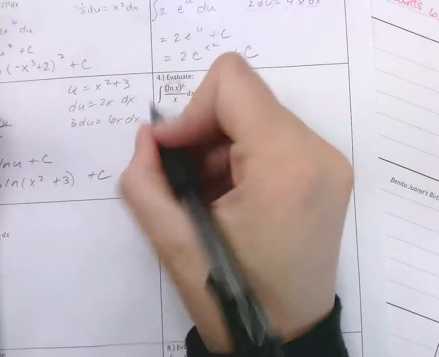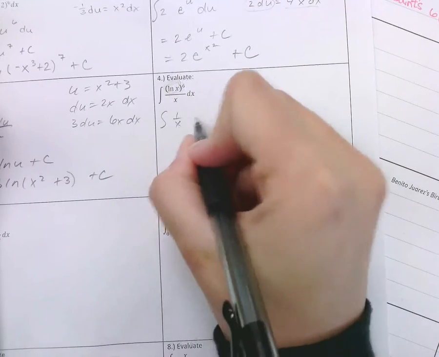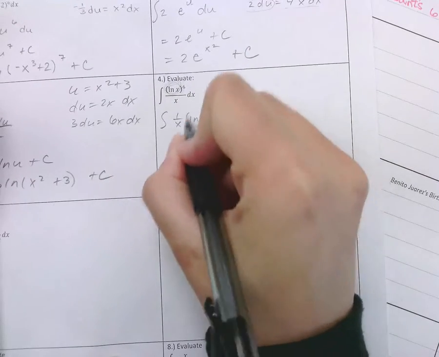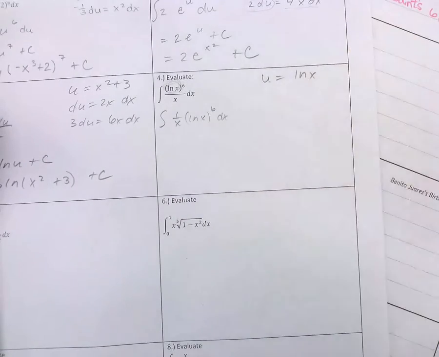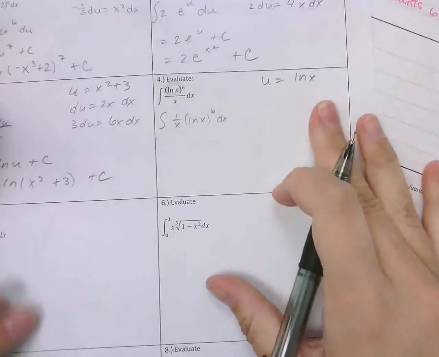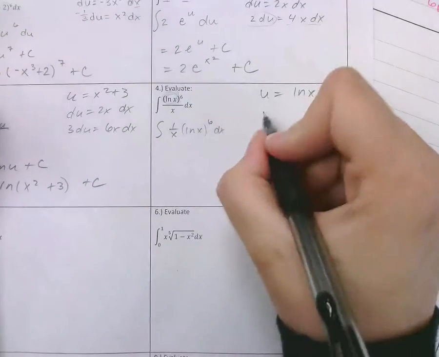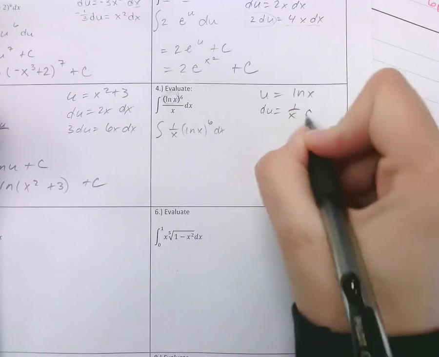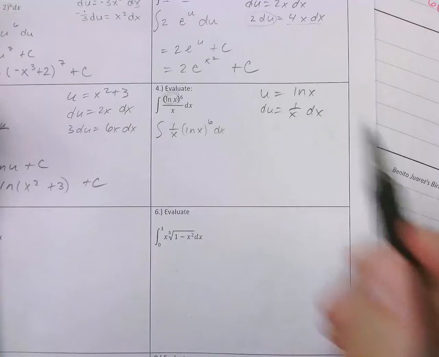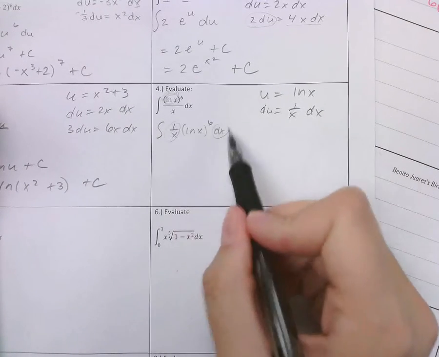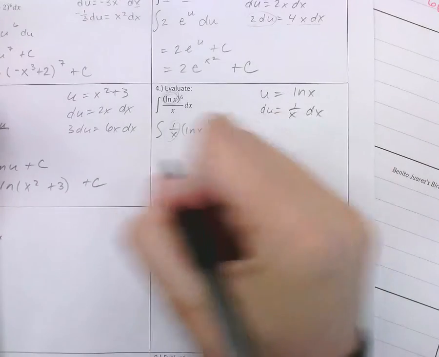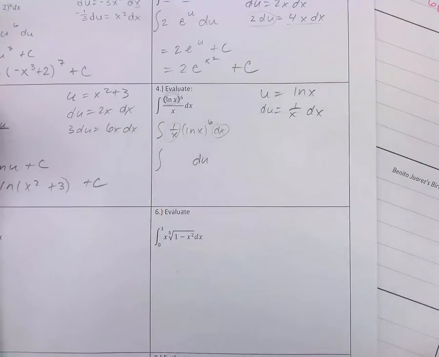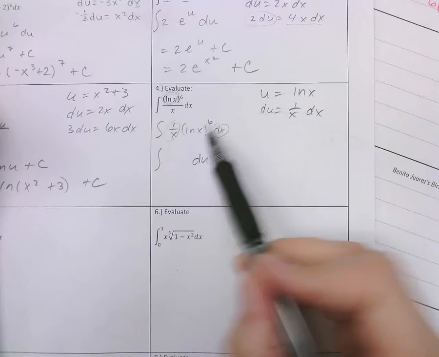So if you rewrite this like this, your u is the natural log of x, which makes du 1 over x dx. And so we have that here. So this says that we can substitute a du in for all of that. And then I can substitute u in for my natural log x.